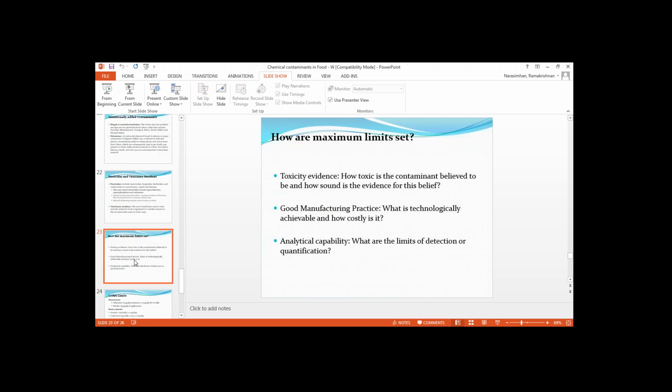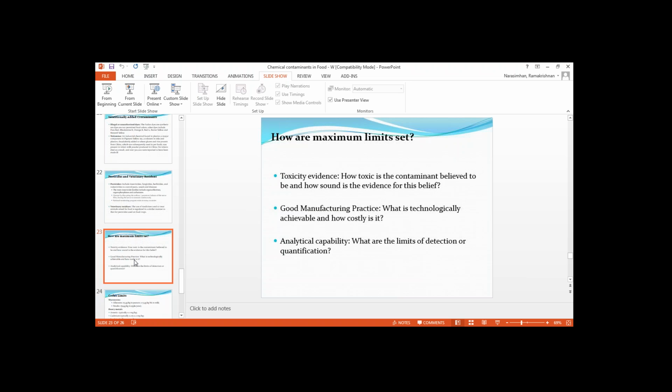Now, how are maximum limits set? All these chemicals we talked about could enter the food chain. Some of these are unpredictable because they are deliberately added, but most can be controlled.